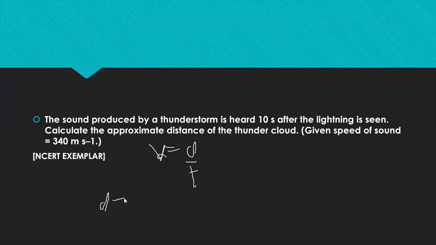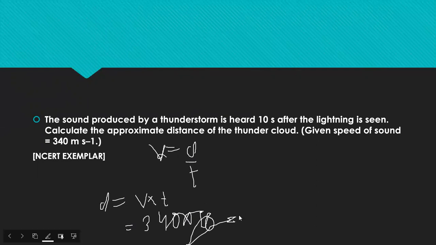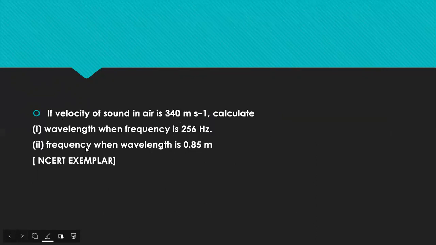Distance equal to velocity into time, and velocity is given 340 and time is given 10, so we get 3400 meters or 3.4 kilometers.